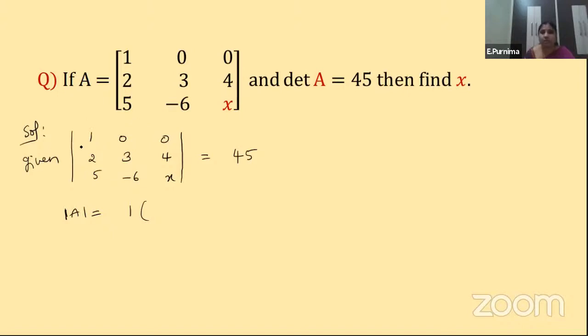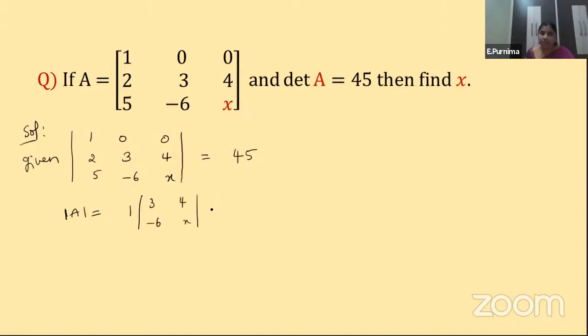The first row and first column is covered. So what are the 4 elements left? 3 into x is 3x. So here it is 1 into 3, 4, 5, x, that is 3x minus 6 into 4.